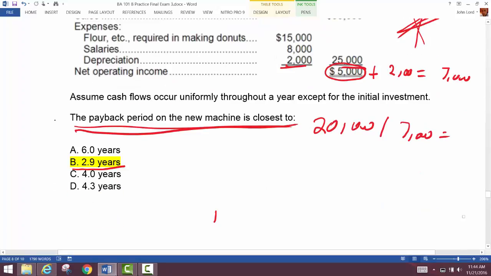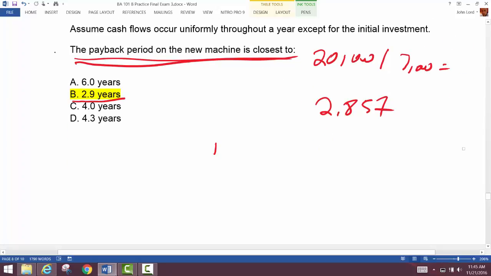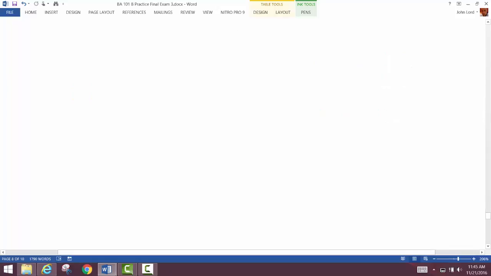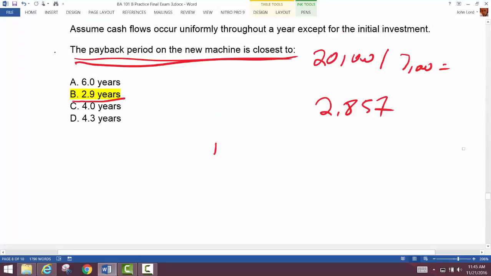So when you're figuring out payback, guys, it has to be done on cash flows. I think it comes out to 2.857 or something like that, but clearly 2.9 years. So when I'm doing the payback method, if I give you a problem in which I call out some amount of depreciation, be careful.